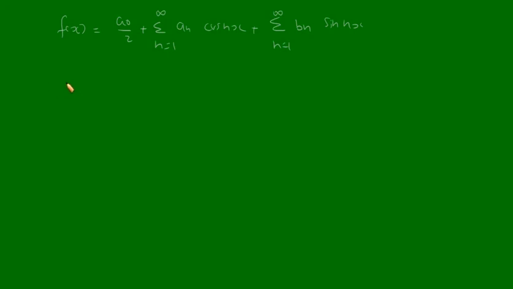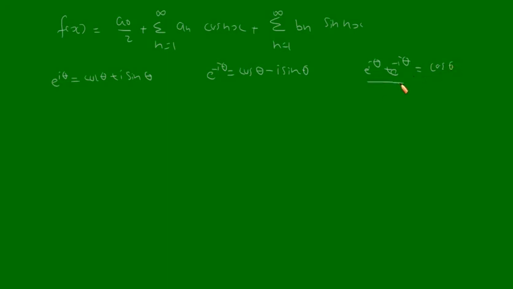Now we have the expression e raised to i theta is equal to cos theta plus i sin theta, and e raised to minus i theta is equal to cos theta minus i sin theta. Now if you add these two equations, then you will get e raised to i theta plus e raised to minus i theta is equal to cos theta plus cos theta, 2 cos theta, and these two terms i sin theta cancel. So this will be 2 cos theta.